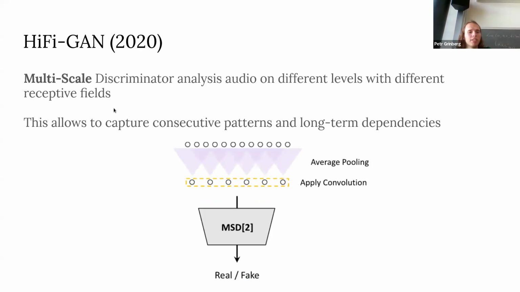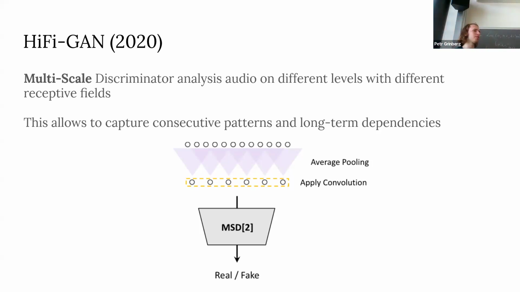Another one is called multi-scale discriminator, and it analyzes audio on different levels with different receptive fields. So it allows you to capture consecutive patterns and long-term dependencies. At first you process your whole audio input, then you apply average pooling to make it 2 times shorter. Now you apply another convolution on this 2 times shorter input, then you apply 4 times average pooling, which decreases the length by 4.